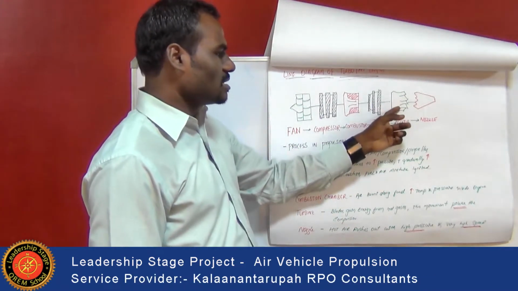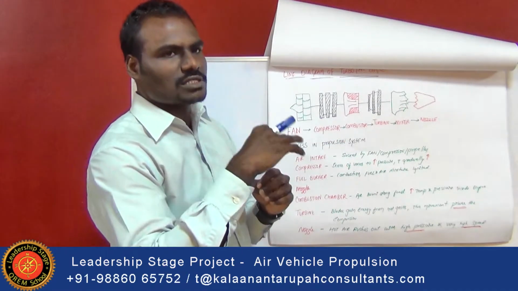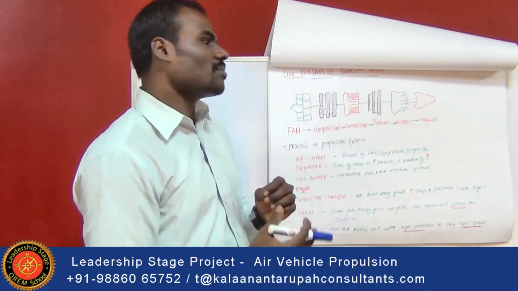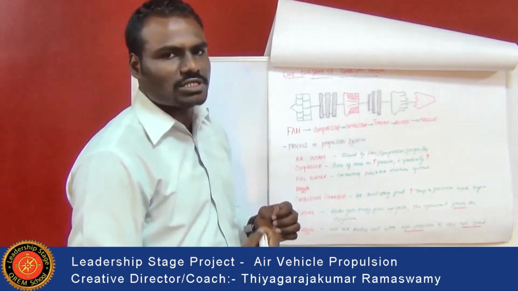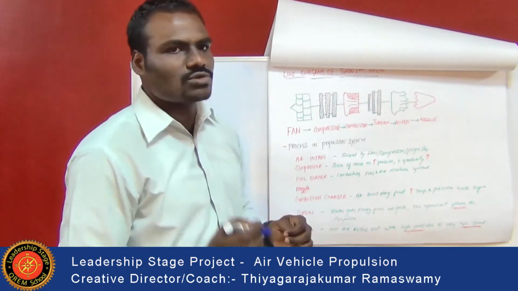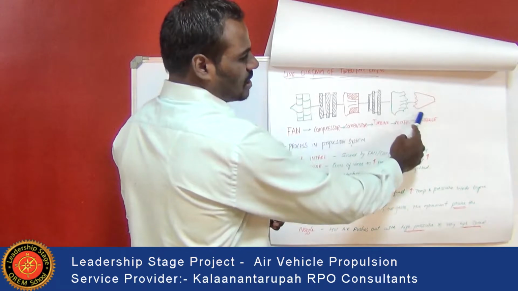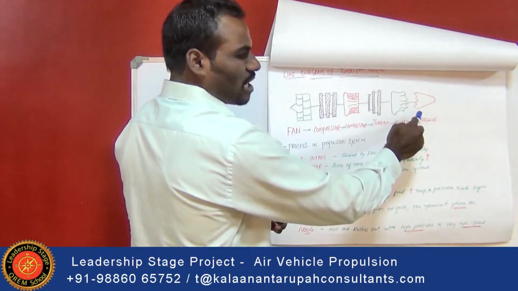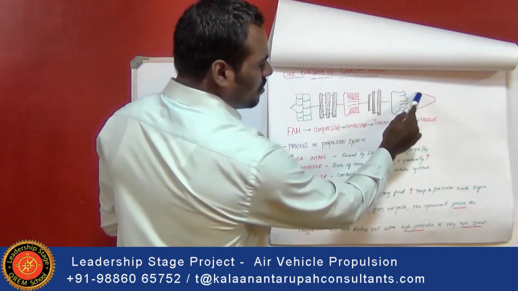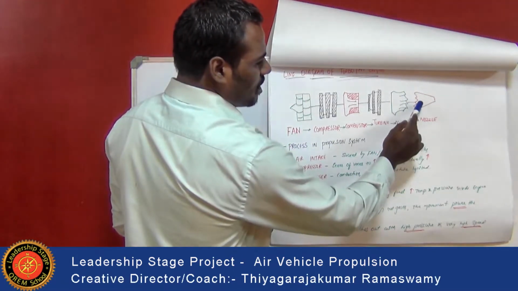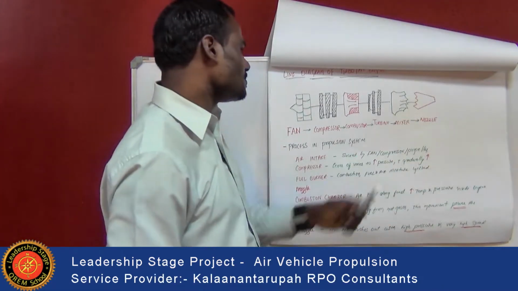There will be an ignition system, so the air which is not subjected to the combustion chamber and the air coming out from the combustion chamber help in the afterburning process, and it leads to a better thrust at the nozzle structure, which is shown at the end of the actual aircraft engine. This is the nozzle structure, where the volume at this area is reduced so that you can get a better thrust.